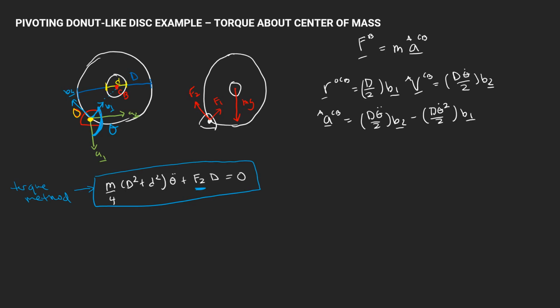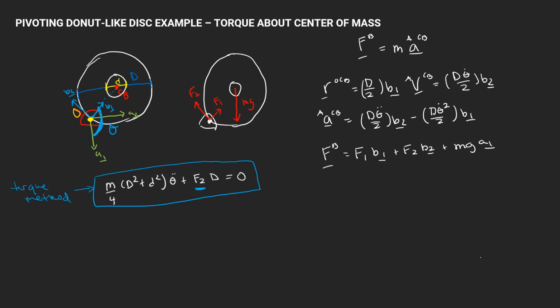So next we have to calculate our force vector that's acting upon our body. So we've got 3 forces. We have F1 in the B1 direction plus F2 in the B2 direction, plus we have mg acting in the A1 direction.